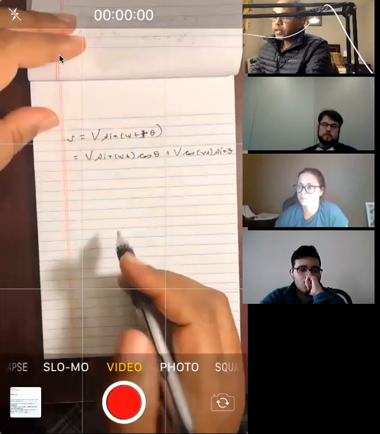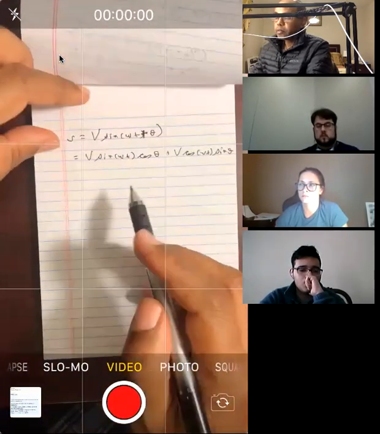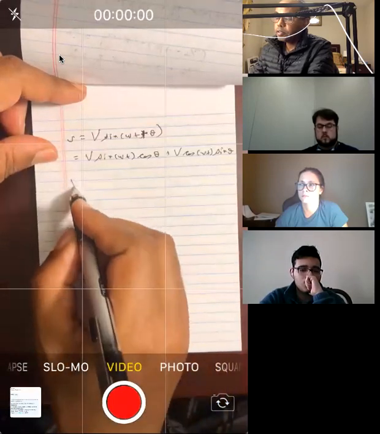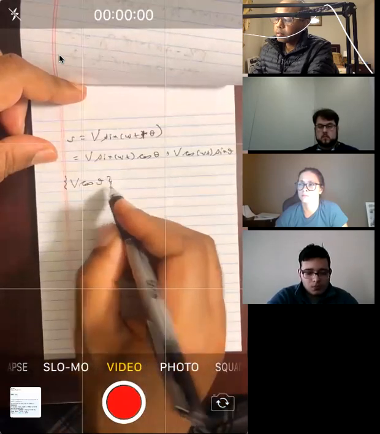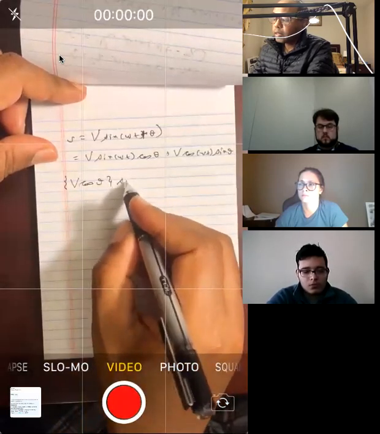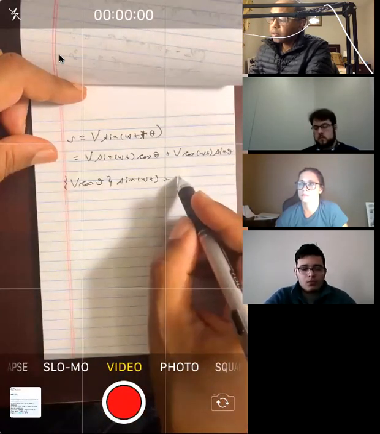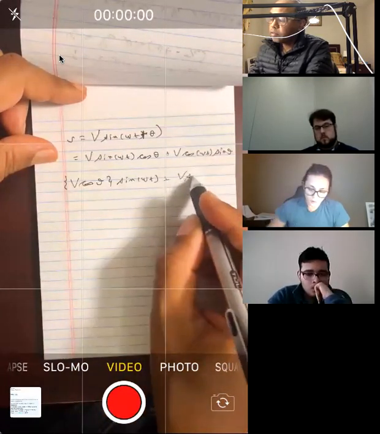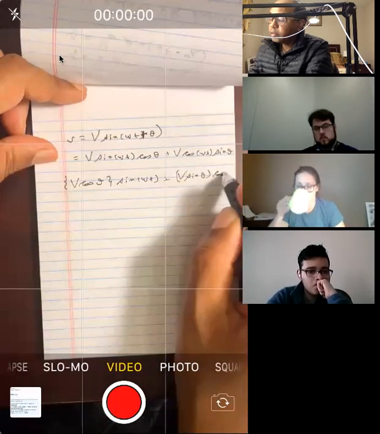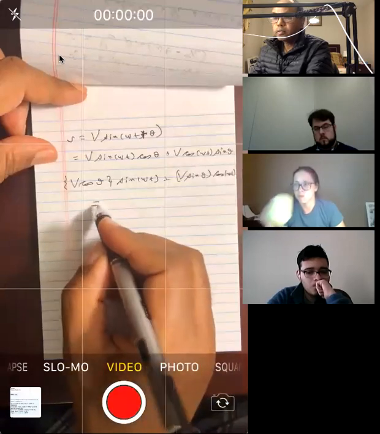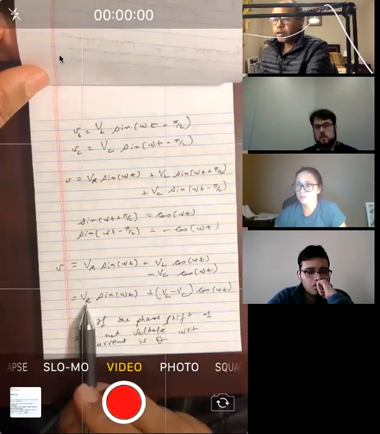Okay, so we're going to equate these two now. These two are equal, right? So we have V cosine of theta, in a bracket, times sine omega t plus V sine of theta times cosine of omega t, equals this one over here, VR sine omega t plus (VL minus VC) times cosine of omega t.